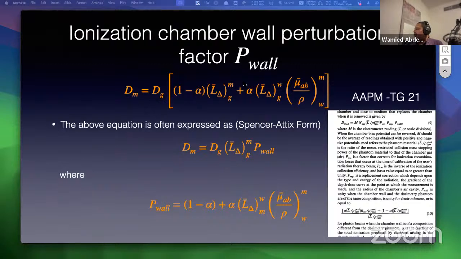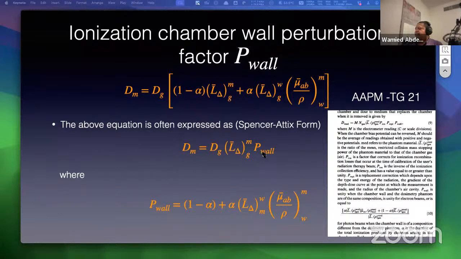And we rewrote this long equation in the Spencer-Attix form, where the dose in medium is given by the dose in the air cavity, or dose in the gas, multiplied by the mean restricted stopping power ratio of medium to gas, multiplied by a small perturbation factor. And this perturbation factor is then going to be given by this relationship.